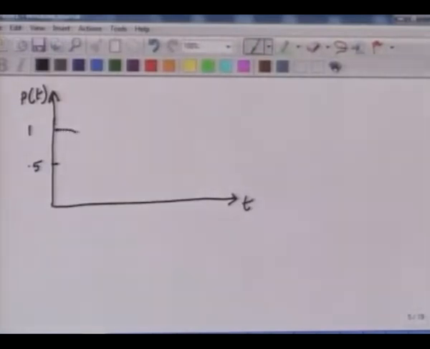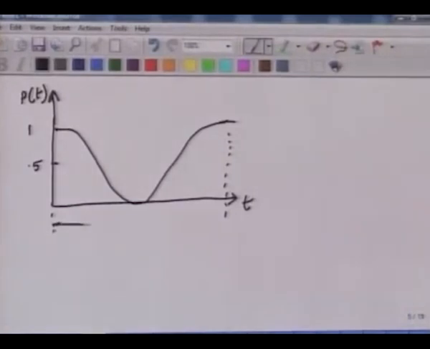So it will vary from 1 to 0 to 1 to 0, and so on and so forth. And a complete cycle will be twice, 2 times T, where T is the period of the voltage cycle or the current cycle.